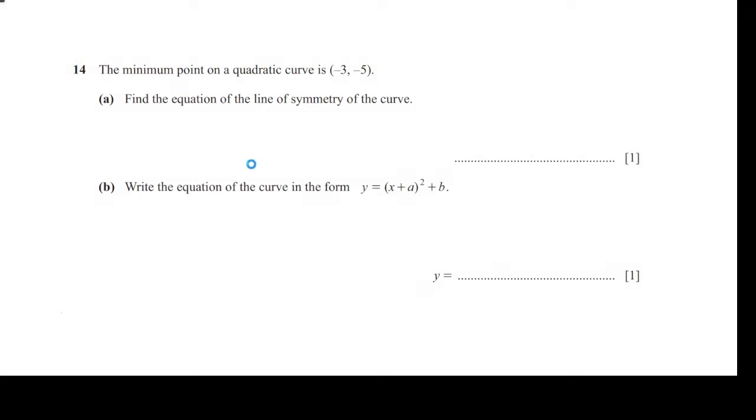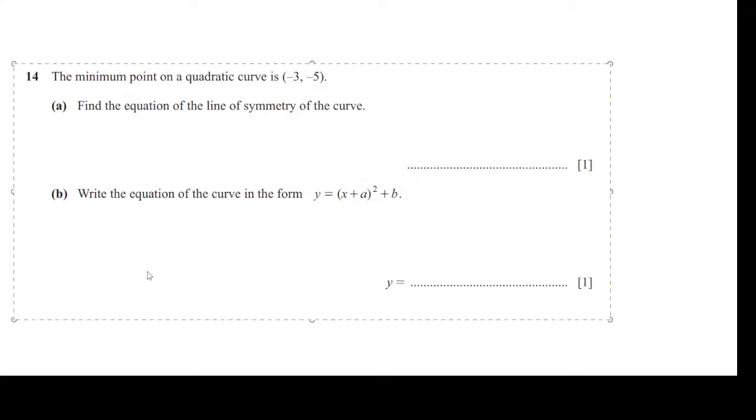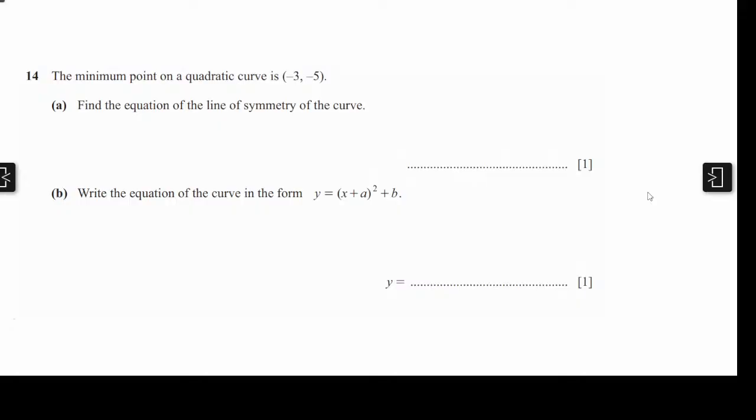Let's see how to do it. We have been told the minimum point on a quadratic curve is minus 3, minus 5. Find the equation of the line of symmetry of the curve.